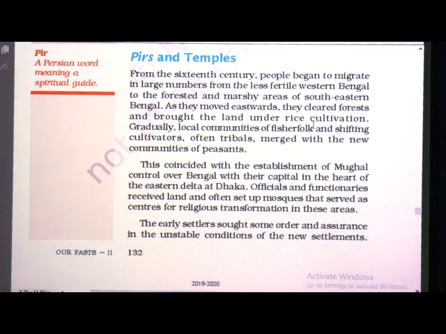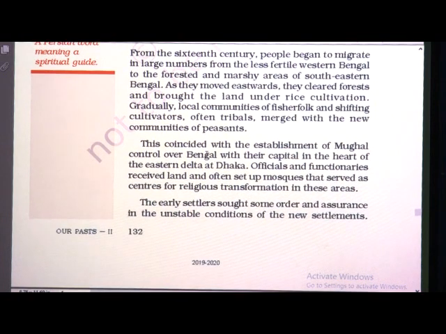Gradually the local communities of fisher folk and shifting cultivators, often tribals, merged with the new communities of peasants.